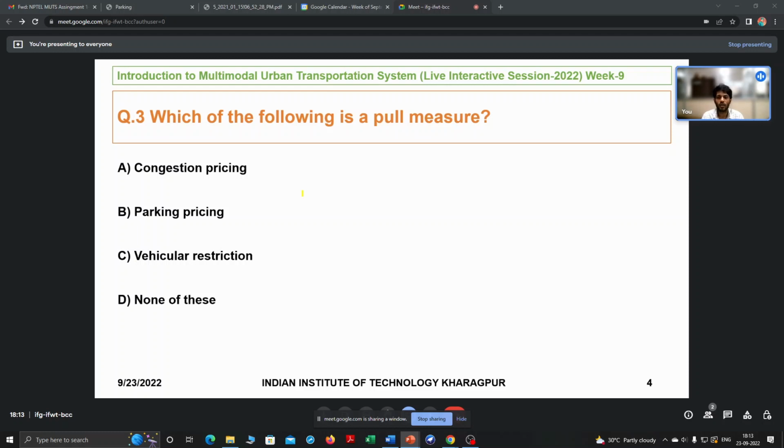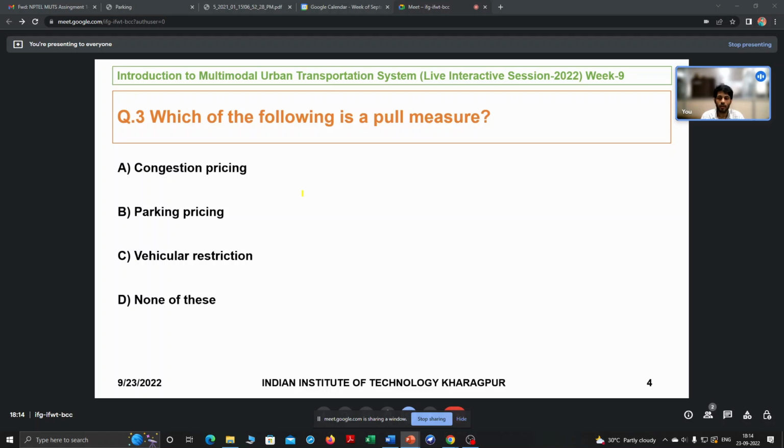Then parking pricing: obviously if you have a car you want to park it, right? So your parking charge is very high. Generally what happened previously in the Indian context is that if your 1 hour parking charge is, say, 30 rupees, for 2 hours maybe it is 45 rupees. So the longer the duration, the lesser the per hour rate.